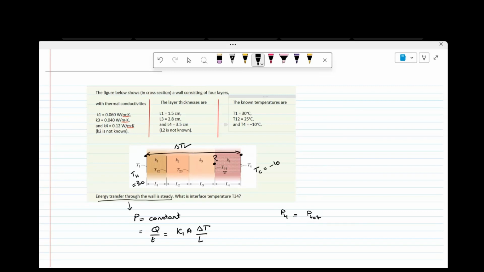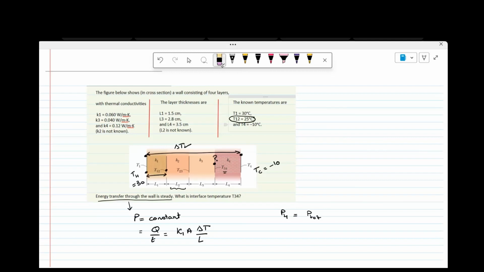However, because I don't know the thickness L2, it's not going to be easy to solve the question because I will have two unknowns. So let's try to solve on some layer that I know all of the quantities about. And that's possible because I know T12. So since I have T12 here, I'm going to study this layer.